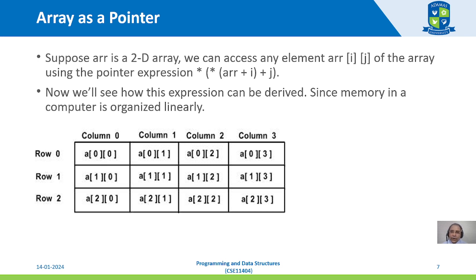Now array as a pointer is a very important concept which we must know. Here ARR plus i is actually mentioning the row, which row we would like to focus on, and plus j, if we do plus j, it will then go to that particular column of that row.